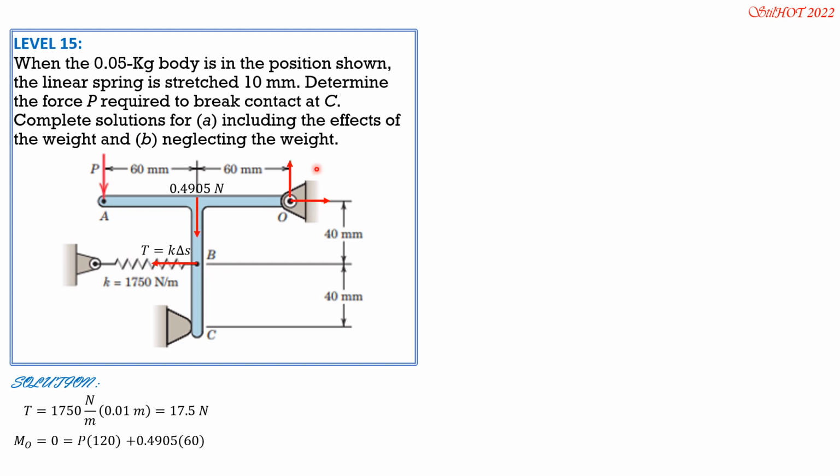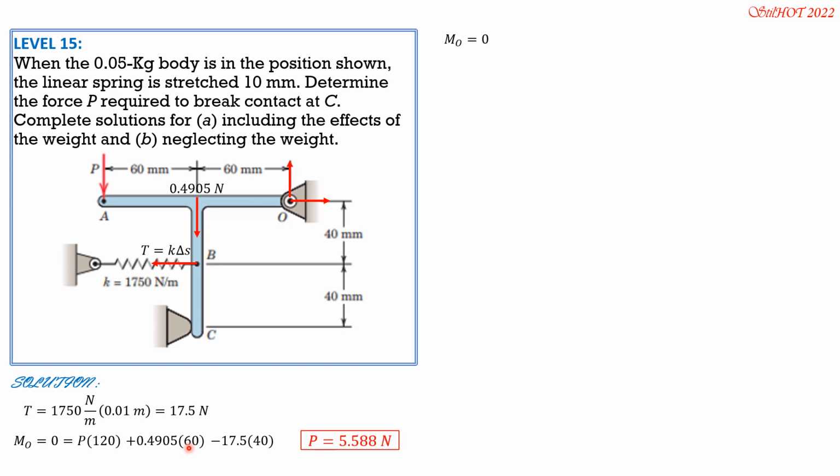And this is clockwise, so minus T, minus 17.5 times 40 mm. So we can now solve for P. P is 5.588 newtons.